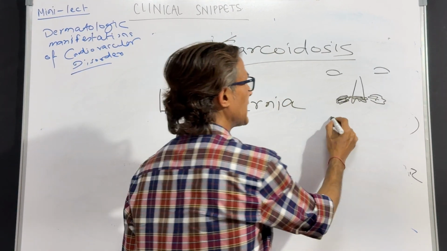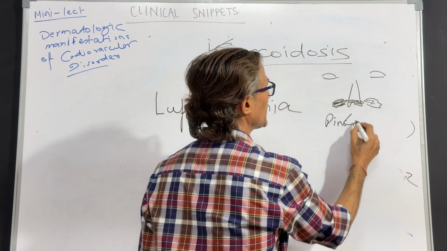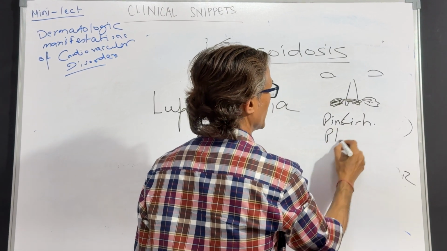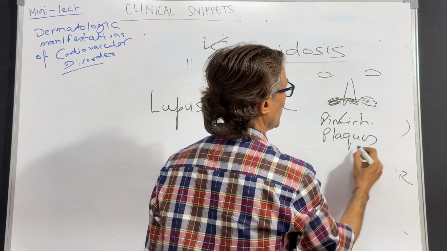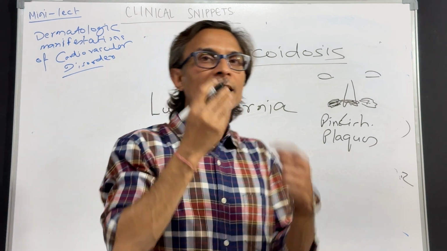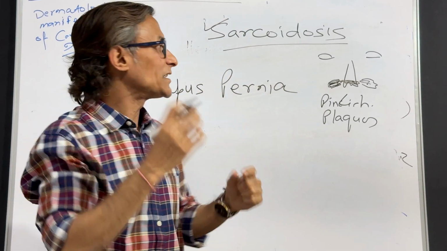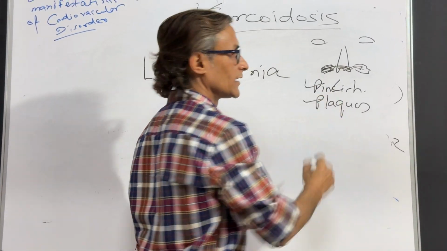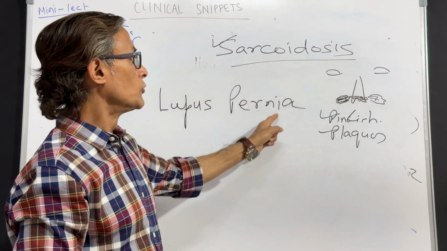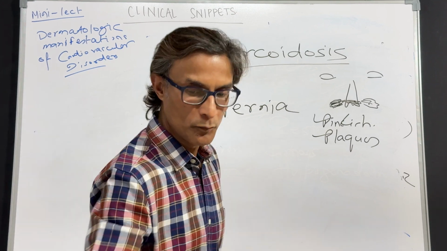There are pinkish plaques. So in the nose area and the cheek area, there is a rash distribution of pinkish plaques. That is known as lupus pernio.